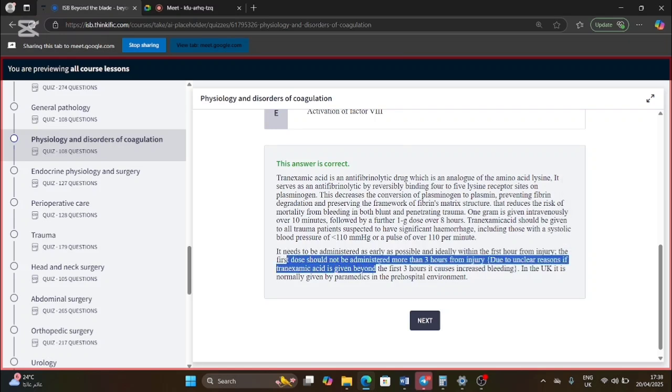The first dose should not be given more than 3 hours after injury. That's very important. If the trauma event was more than 3 hours ago, you cannot give tranexamic acid. It's contraindicated because, for an unknown reason, it paradoxically increases bleeding. So that's extremely important to know about.